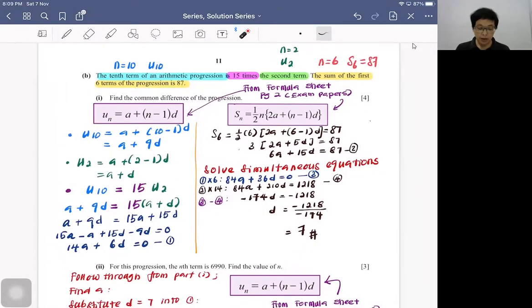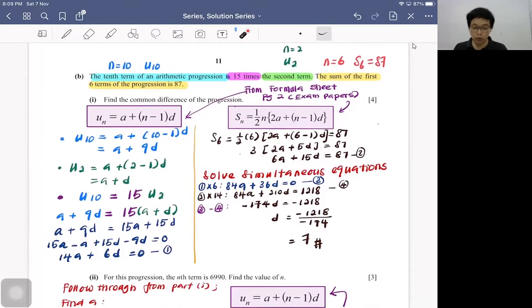The 10th term of an arithmetic progression is 15 times the second term. Full stop. Wow, quite a lengthy sentence. As I highlighted there in 3 different colors, the first part, highlighted in blue, tells us that in math notation, n equals 10, and the 10th term relates to another term, which is the second term.